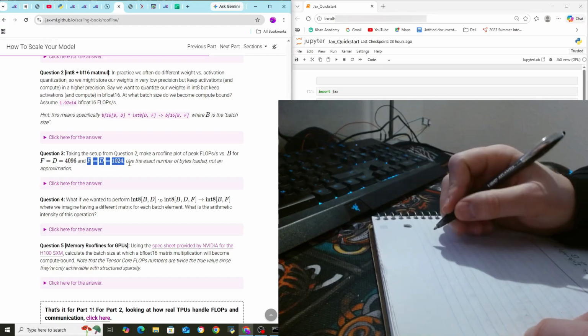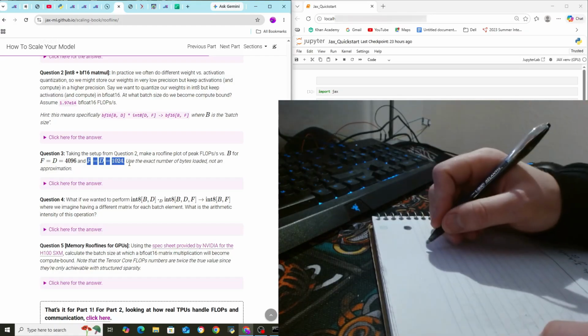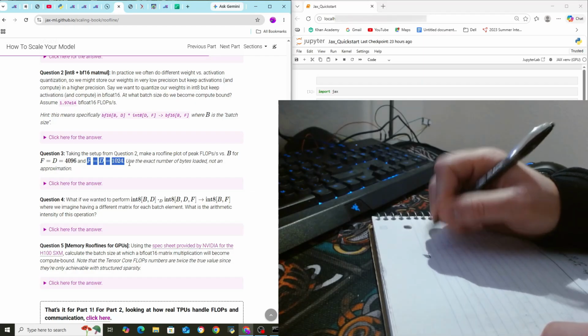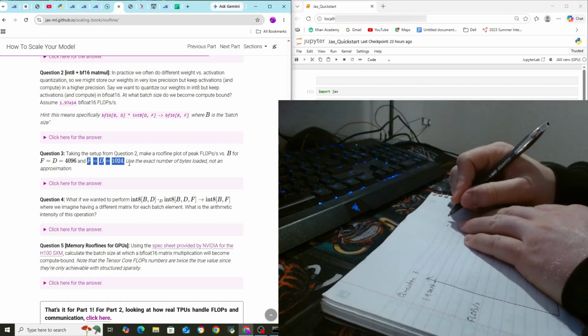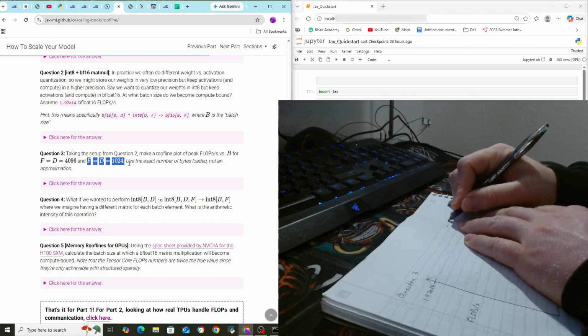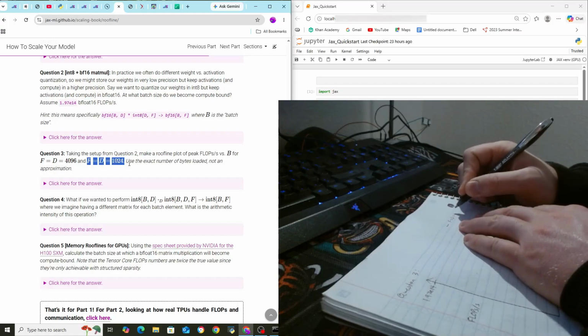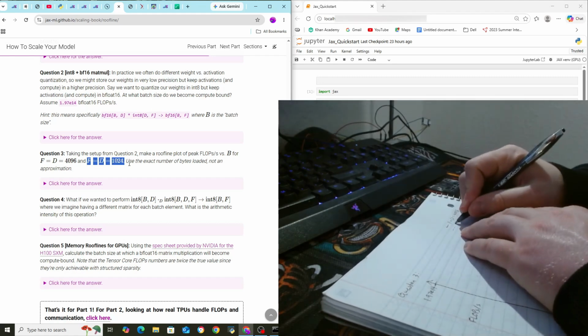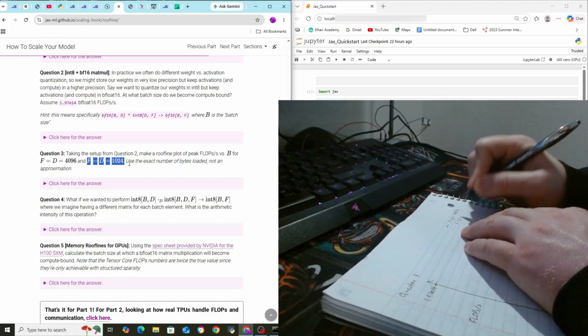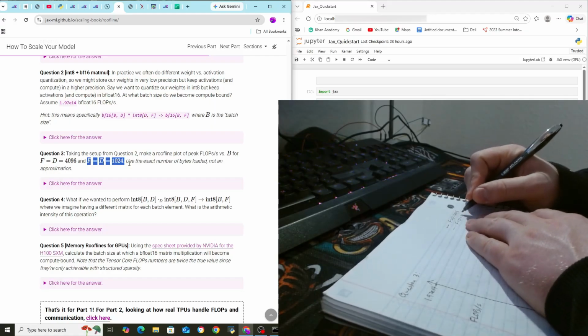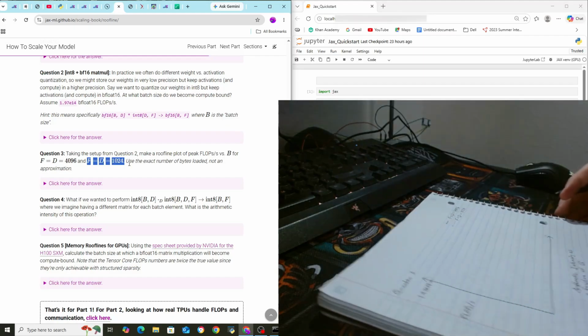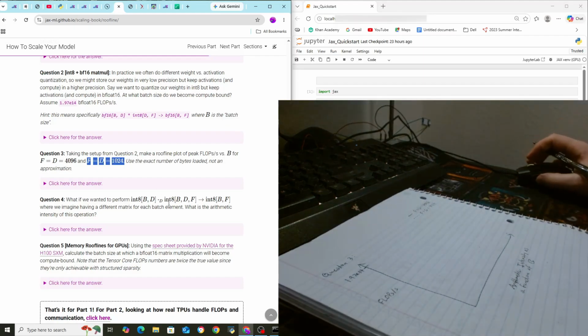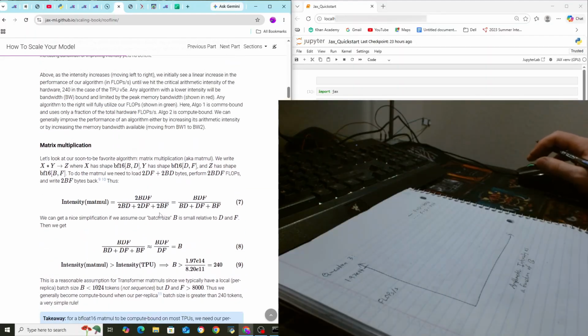Let's write that here first, a little bit higher so that it's easier to see. One line is F equals D equals 4096, and this will be F equals D equals 1024. So maybe we want to do our calculation somewhere too.